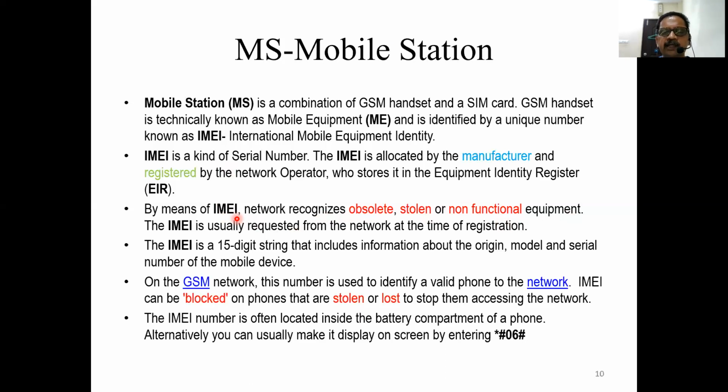If somebody loses a mobile handset with SIM, you can inform the telecom service provider, so they will ensure that the service is blocked for that number, and they will also inform other operators so that the same handset cannot be used in other operators' networks.